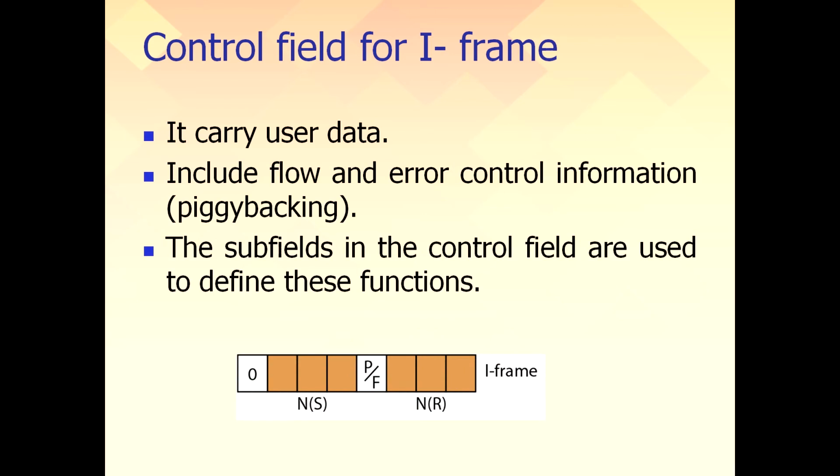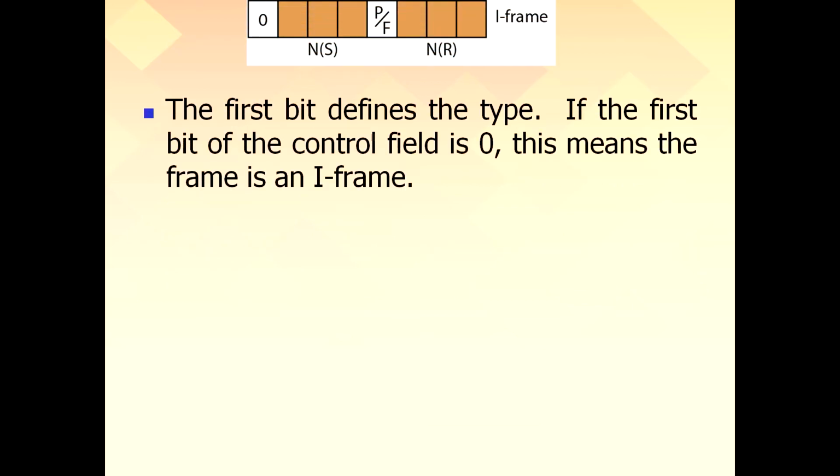The first one is the format for the I frame control field: 0, 3 bits N(S), P/F, and the last 3 bits N(R). Here the first bit defines the type. If the first bit of the control field is 0, this means the frame is an I frame.